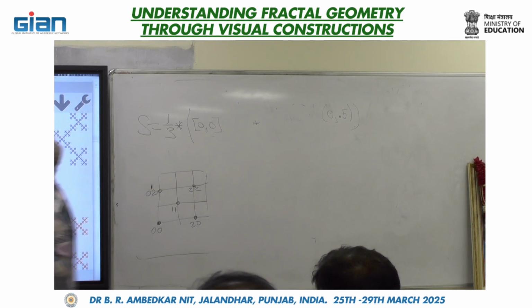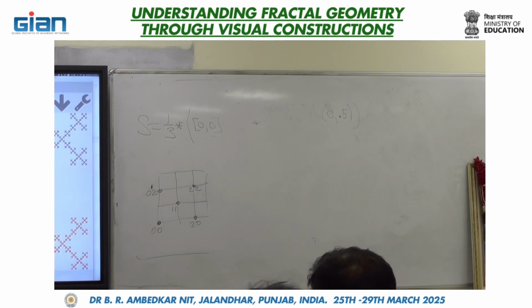And the Hutchinson operator is a contraction, 3 times contraction, multiplied by the union of these translations. And K is the image of K under this operator.